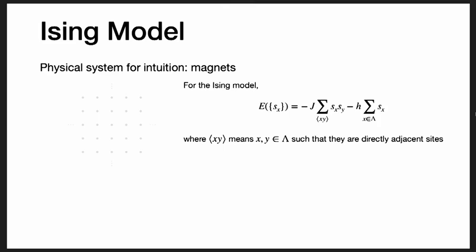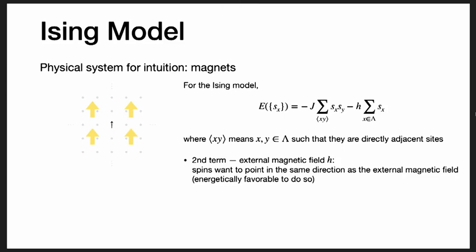J and H are two real numbers, but let me tell you how to think about these two terms. Let's start with the second one. The way to think about it is it's supposed to model the effect of an external magnetic field, which I pictured here in these yellow arrows, say pointing in the opposite direction.